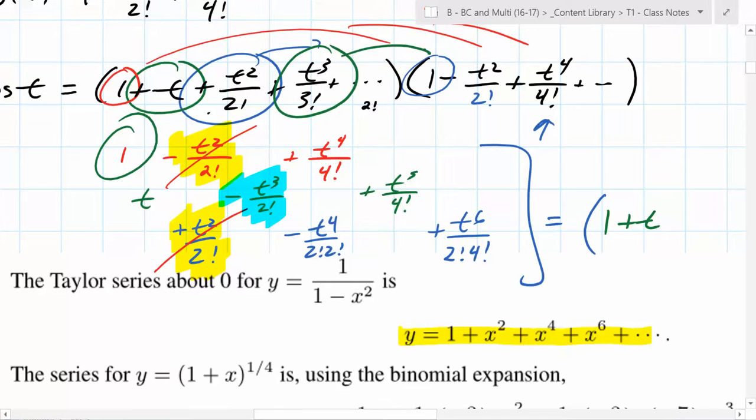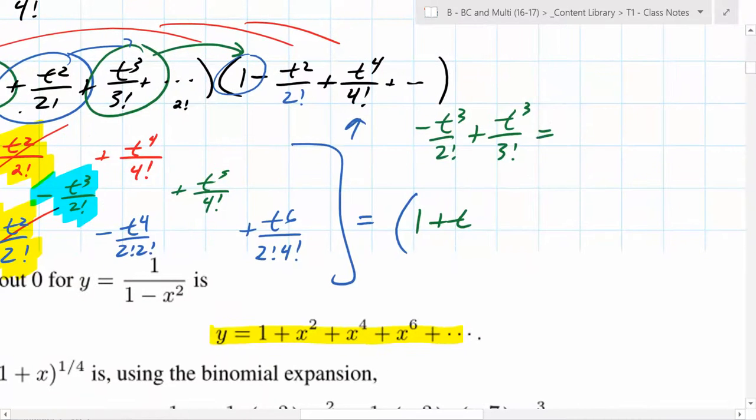What do you get? You end up with minus t cubed over 2 factorial plus t cubed over 3 factorial. What's that equal to? Anybody know? Negative t cubed over 6, yeah. If you do it out, that's what it comes out to be. So the first terms are actually this right there.